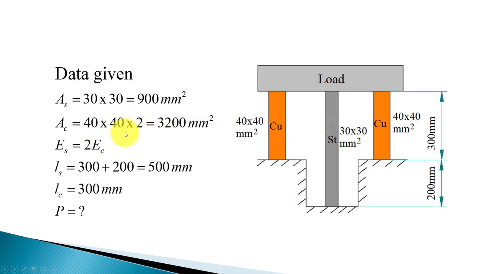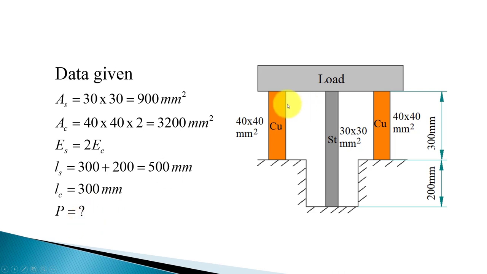The total area of cross section supporting this load is 40 into 40 into 2, that is 3200 mm square. And also you are given that ES is equal to 2 times EC and length of steel rod is 300 plus 200, that is 500 mm. Length of copper rods is equal to 300 mm.